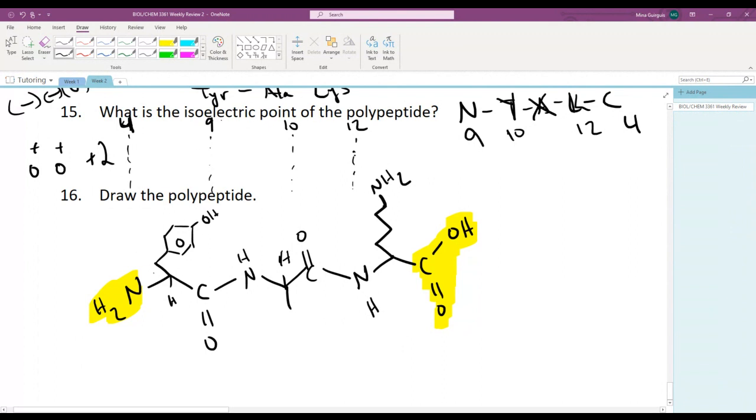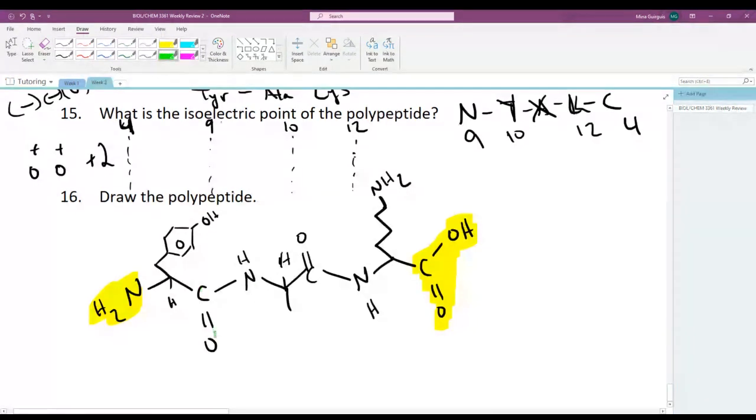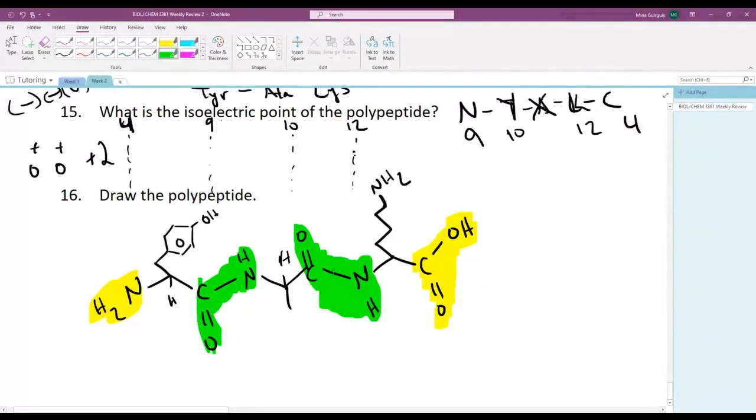It's doable, okay? Whereas these internal amides, which I'm going to color in green, this is the amide bond, okay? These internal amides don't like losing their hydrogen, so they are not acidic, not basic. We don't count them in our pH calculation, okay? Same goes for the carbonyls.